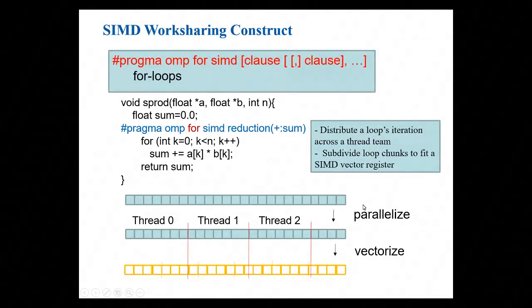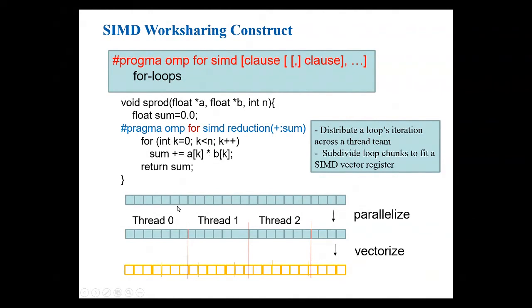And then you can have the SIMD constructs working together with the work sharing constructs, combining them together. So here we basically use the widely used for construct for work sharing of the for loops, and you add SIMD to it. What it does is the for divides your loop among a team of threads, right?